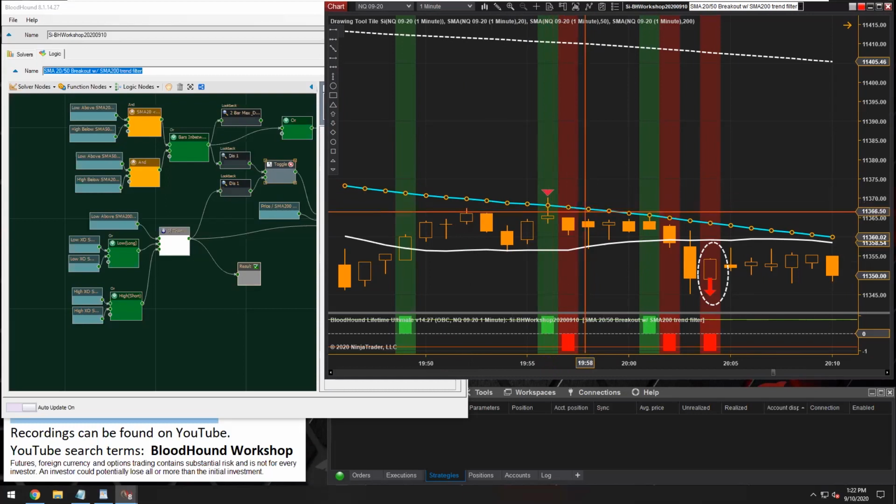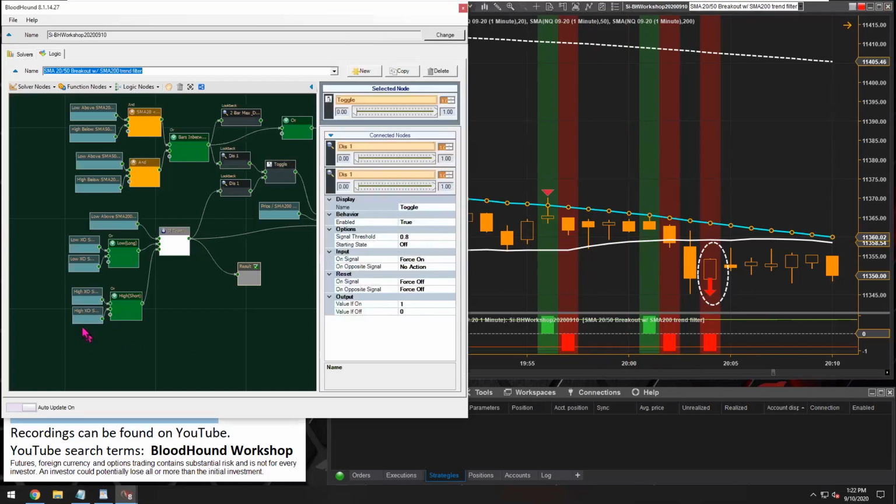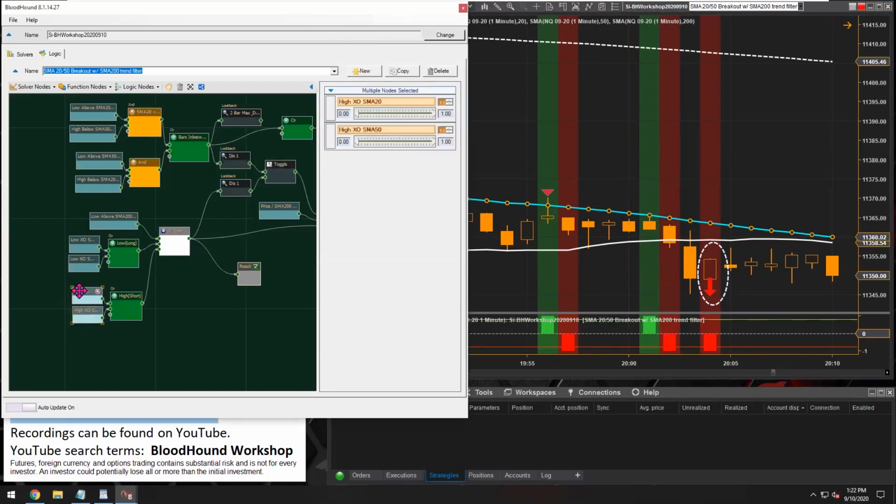So these long signals and short signals are turning the toggle node off too soon. So we need to do some further controlling of which SMA crossovers are being looked at.